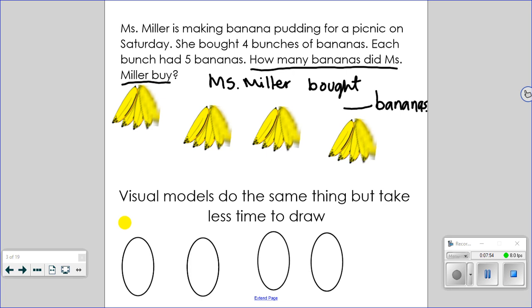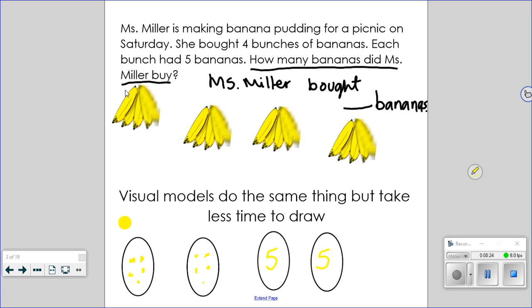So I'm going to make dots for each banana. As you get better at this strategy, or you have to put a lot of dots in a circle, feel free to actually write the number in, and that would work as well.